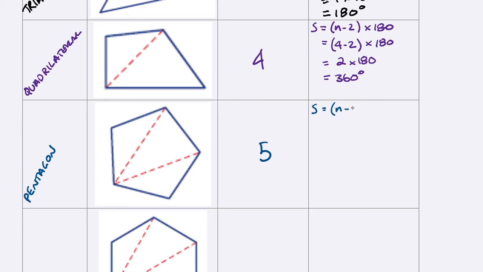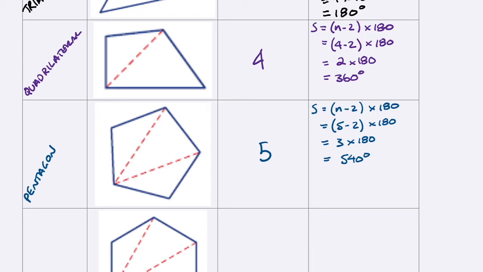And we get plenty of practice at using a formula. Gives us 540 degrees. Now, you may be seeing in our diagram that these pictures have been split into triangles.